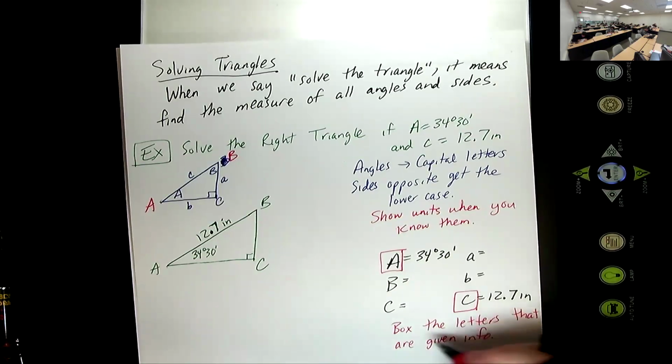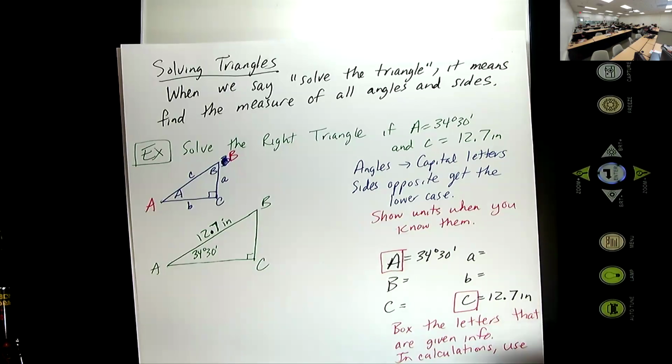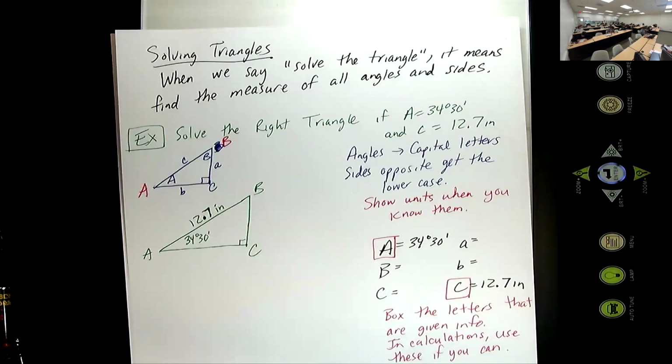The reason why is in calculations, use these if you can. The idea is we know that they were measured, they were given to us, so they're likely exact or accurate. Whereas anything we might do might have rounding, and rounding compounds.